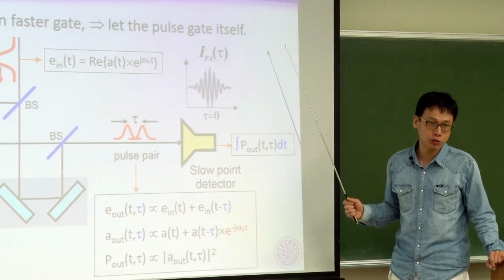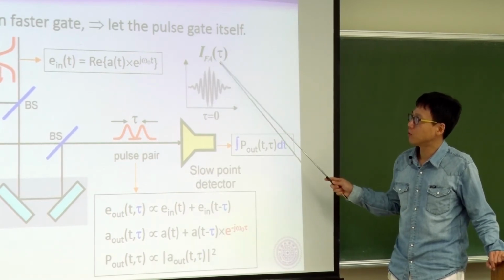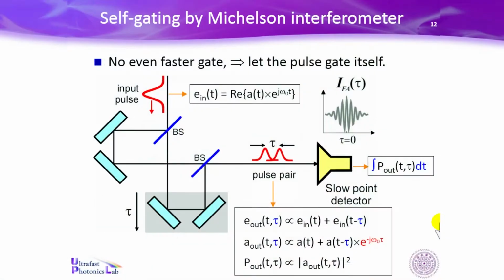FA means field autocorrelation, as we will introduce, as a function of delay tau. Okay? So experimentally, this is what you can get. The remaining question is, what information can we retrieve by analyzing this data, this one-dimensional trace? Okay. Any question?